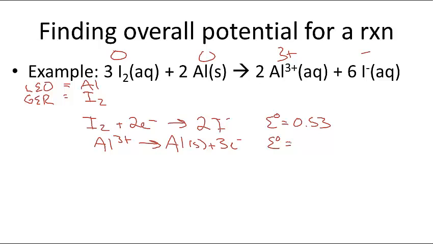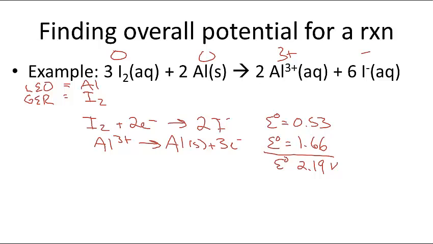On your chart, the flipped version of that is negative 1.66. When we flip the reaction, the sign changes. So it goes from minus 1.66 to 1.66. So we now have a 2.19 volt E naught for this whole reaction. Very favorable.